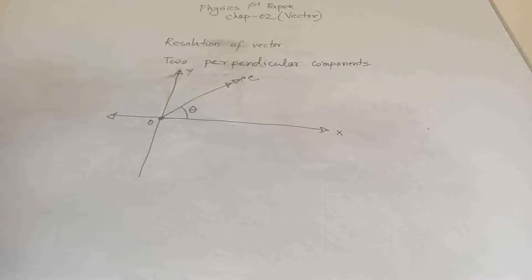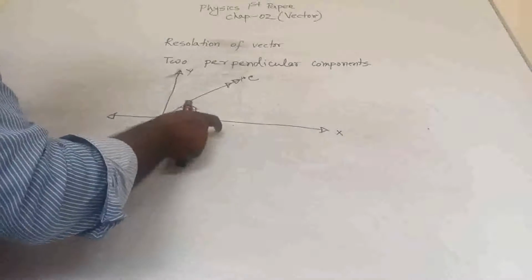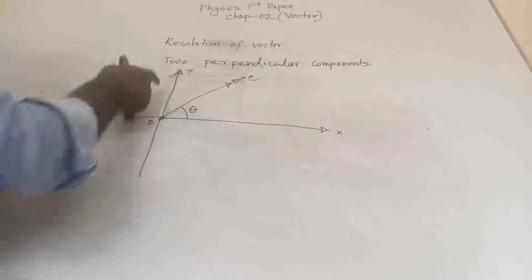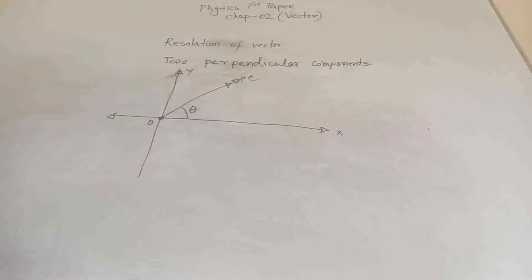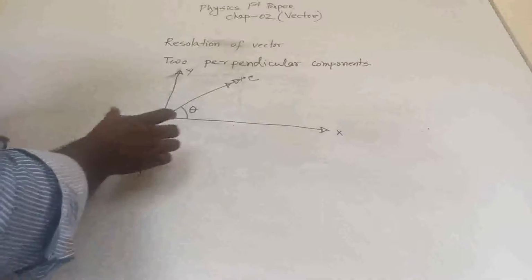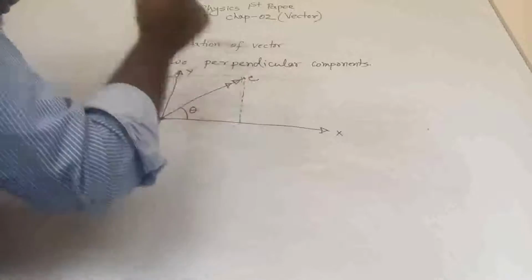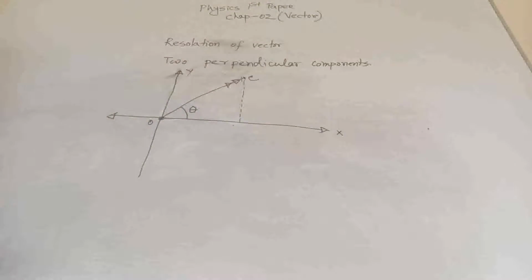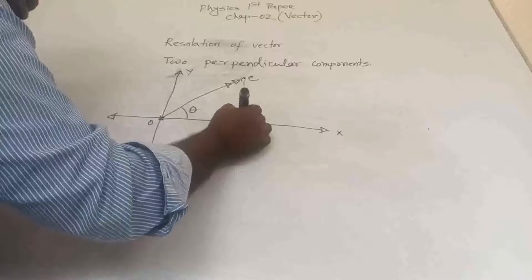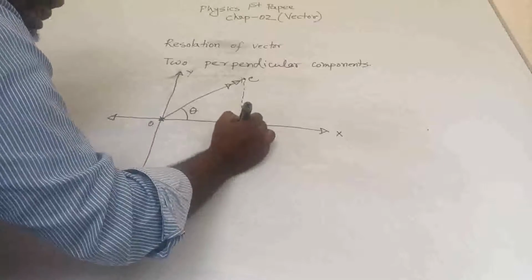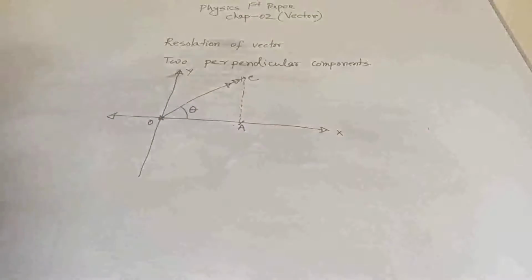So I want to know the horizontal component and the vertical component of this vector. For this, what can we do? We can draw a perpendicular line from C on the x-axis.